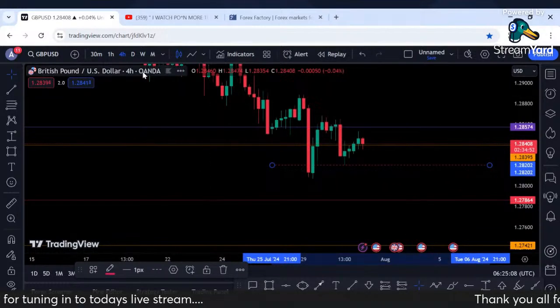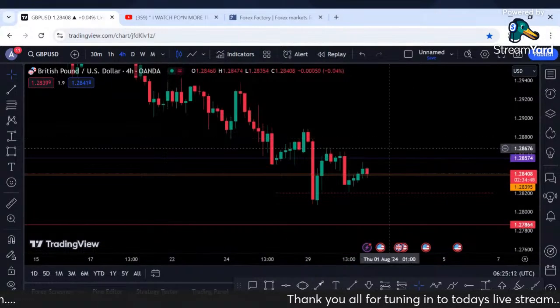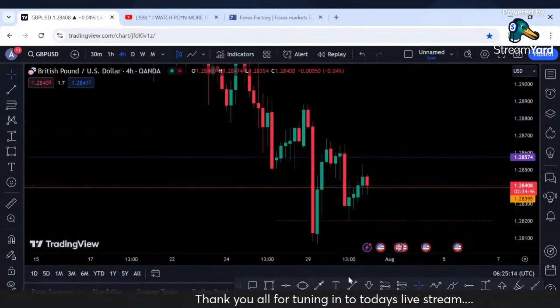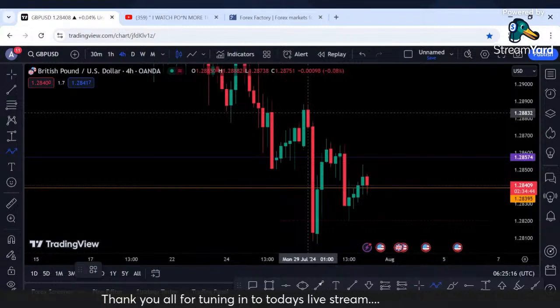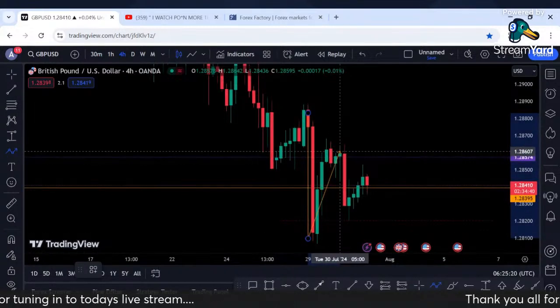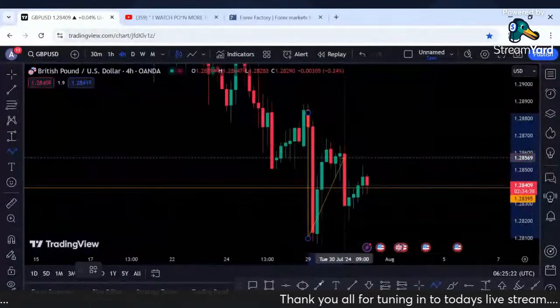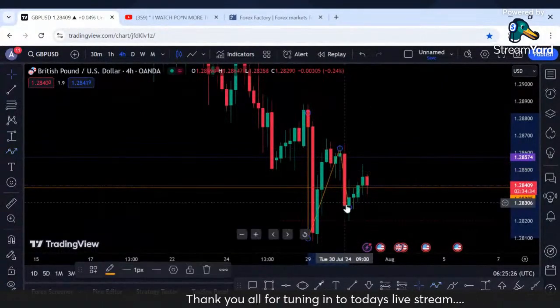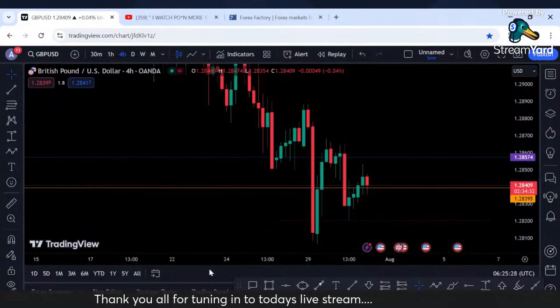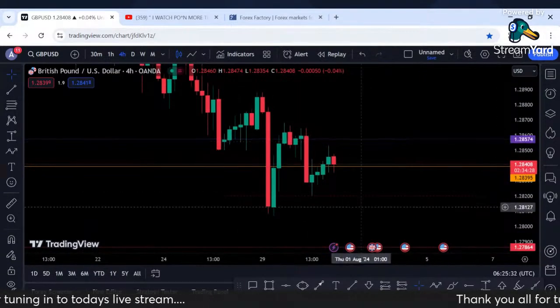Okay, so on the H4 time frame, it is a downtrend. We have lower low, lower high. Since daily is a downtrend, H4 is a downtrend.